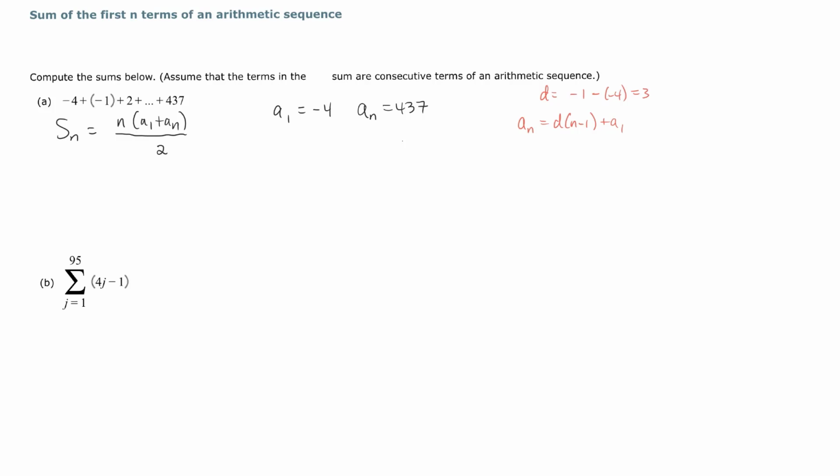We want to find the letter n. Well, why don't we use 437? We want to find the nth term for the value 437. d is 3, and then n minus 1, and then plus negative 4, which is subtract 4. So here we just solve for n, and then we'll be on our way.